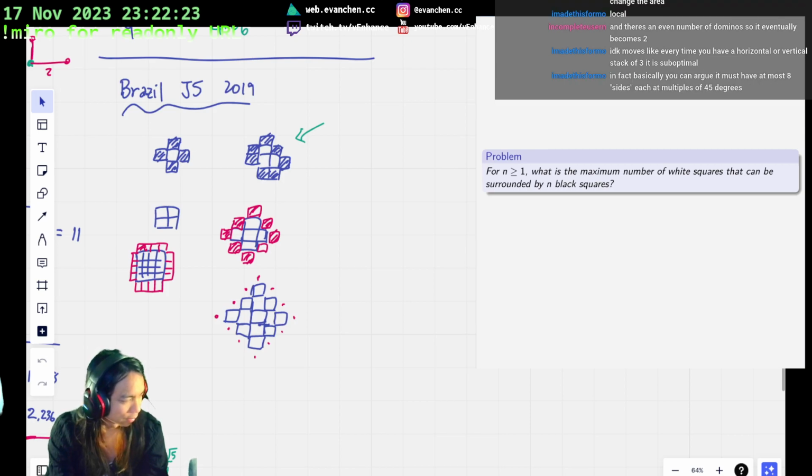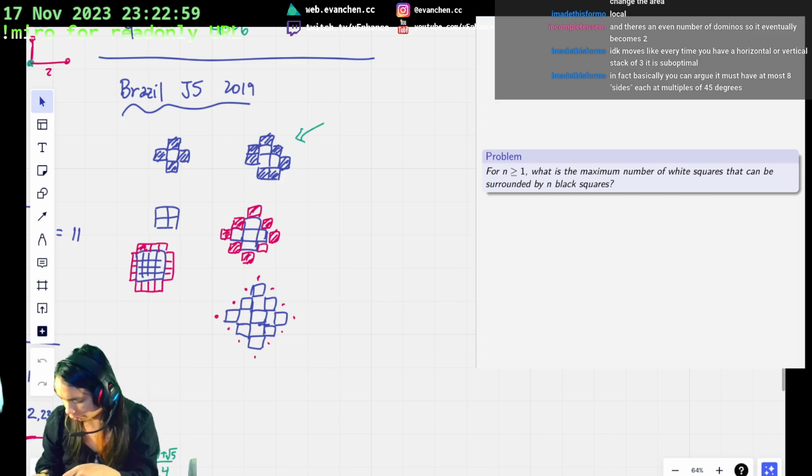Yeah. 8 sides, each at multiples of 45 degrees. Okay, I see what you mean about the, oh, this is gonna be really weird. Yeah, I think you're right about the 2 domino thing.